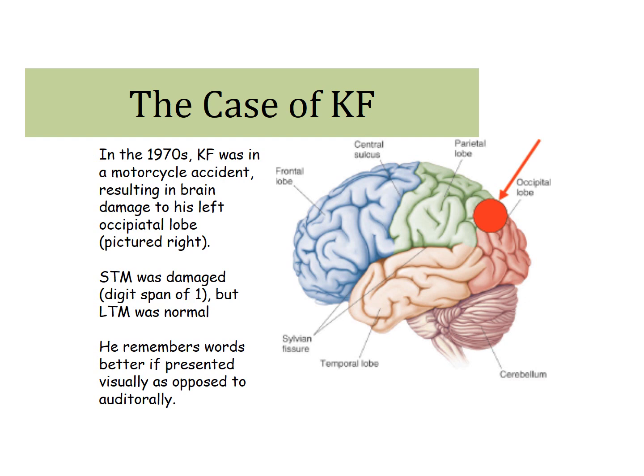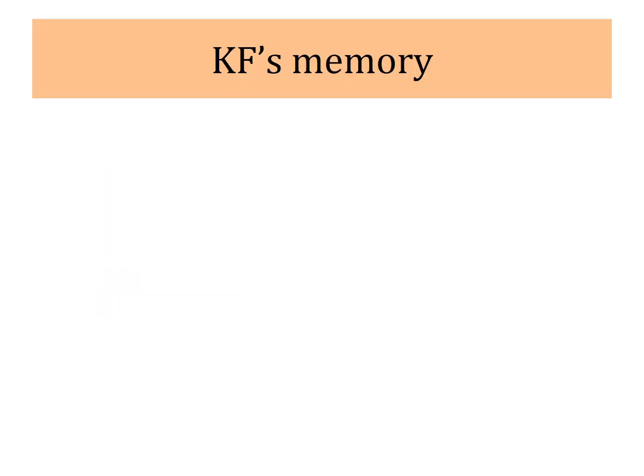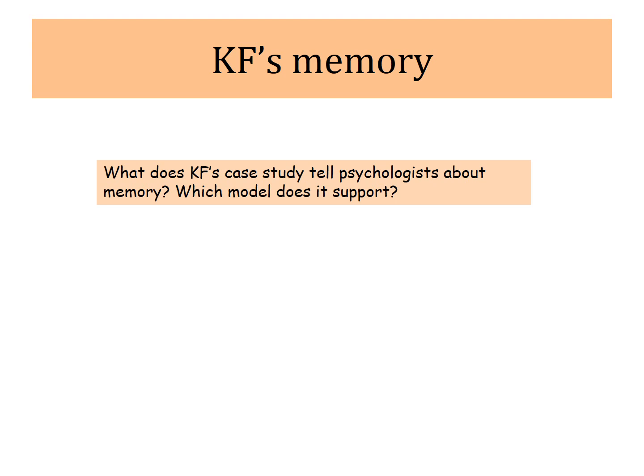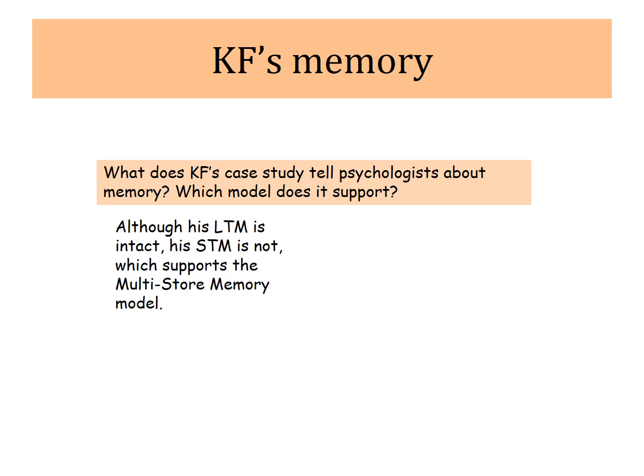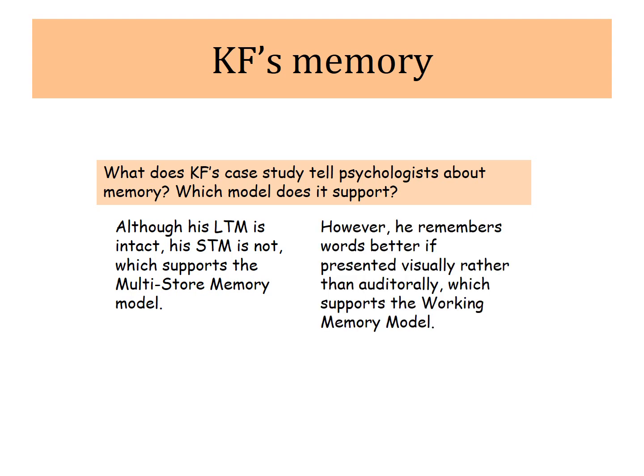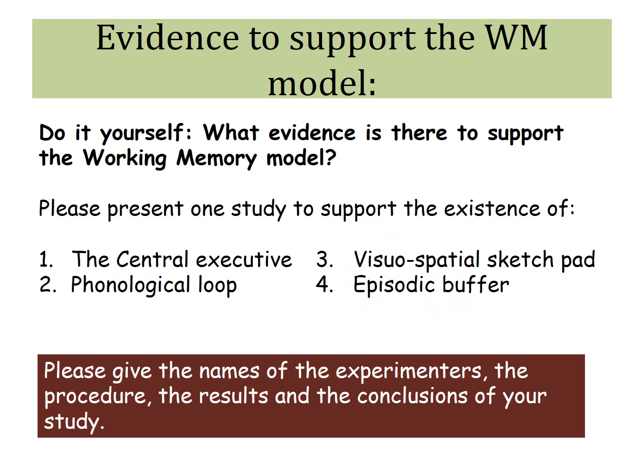The reason why it supports the working memory model though is that he remembers words much better if they are presented visually as opposed to auditorily, and so that seems to offer support for the working memory model. It can also support a multi-store model of memory though, so even though his long-term is intact, short-term isn't, supports multi-store, so that's really good, but he remembers words better if they're presented visually rather than auditorily, so that supports the working memory model.